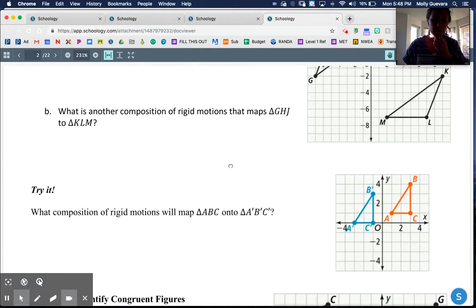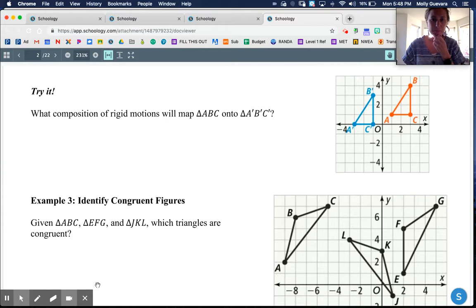Okay, one more try it here for you. It says, what is the composition of rigid motions that will map A, B, C onto A prime, B prime, C prime? So here, I just want B to go to B prime, and C to go to C prime, and A to go to A prime. Well, do you notice how the orientation is the same? It has not been reflected or rotated.